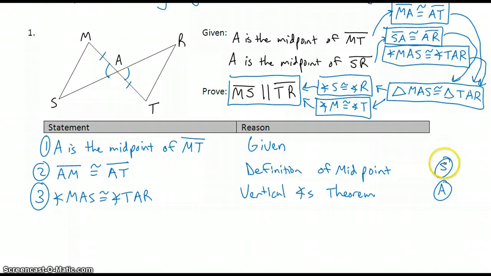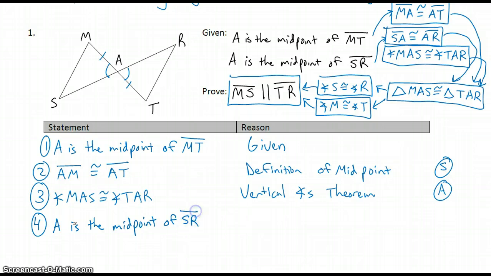Now I'm going to go to my other side. To get my other pair of congruent sides congruent, I need my second given. A is the midpoint of SR. Since A is the midpoint of SR, SA has to be congruent to AR.